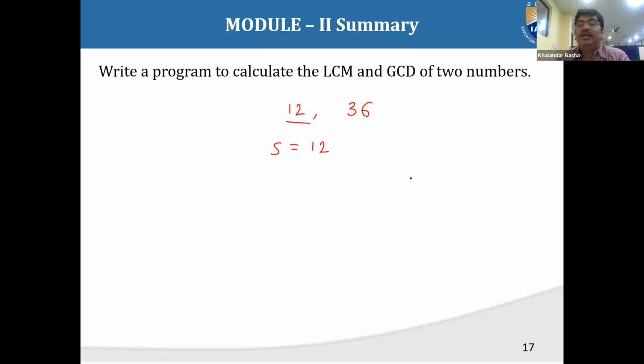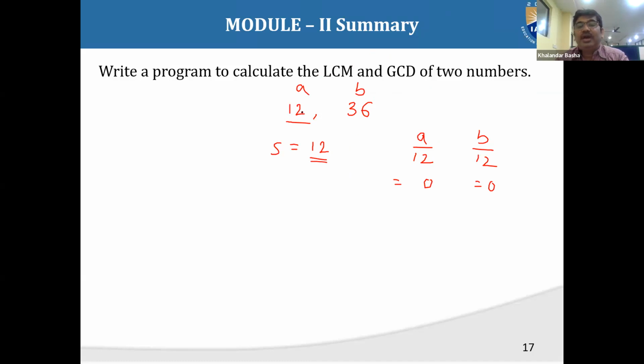With this 12, I'll divide both A and B. After dividing A with 12 as well as B with 12, if I get the remainder equivalent to 0 in both cases, then we can decide this one is the greatest common divisor.